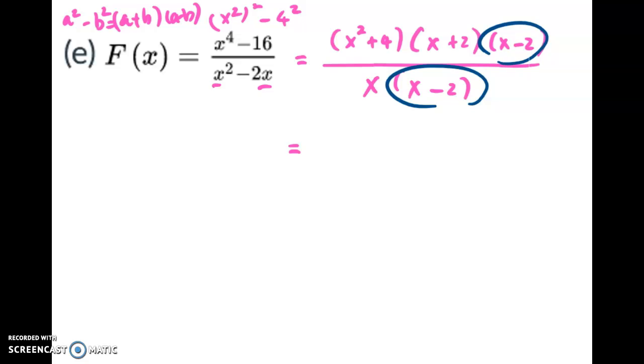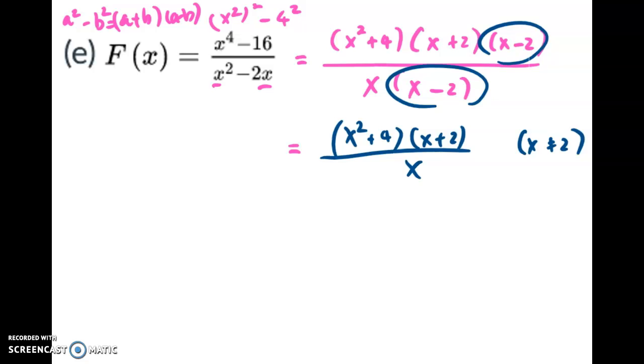Instead, there will be a hole at x equal to 2. So x cannot be equal to 2. So this graph basically is the same graph as this function with a hole at x equal to 2. Now, let's compare the degrees.